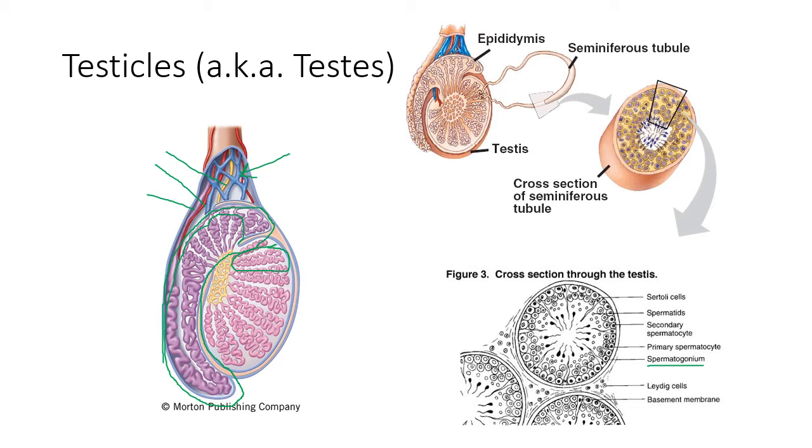Those are the precursor cells that will undergo mitosis, make exact copies of themselves, and then some of those extra spermatogonia are going to start the process of spermatogenesis. So that will be that process of meiosis, right, where we're going to end up taking one cell and create 4 cells out of it, each of which is haploid, or N, only has 23 chromosomes each.